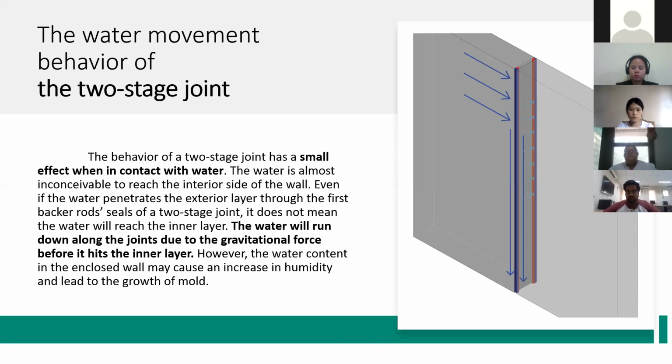For the two-stage joint, because there are two layers, although they show some transfer of temperature to the other side of the wall, the water does not penetrate through. Even if the water penetrates through the first layer, the gravitational force would pull the water down, and it wouldn't go to the internal layer on the other side.